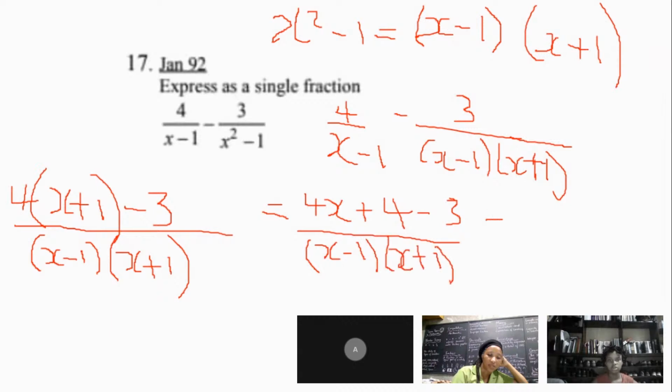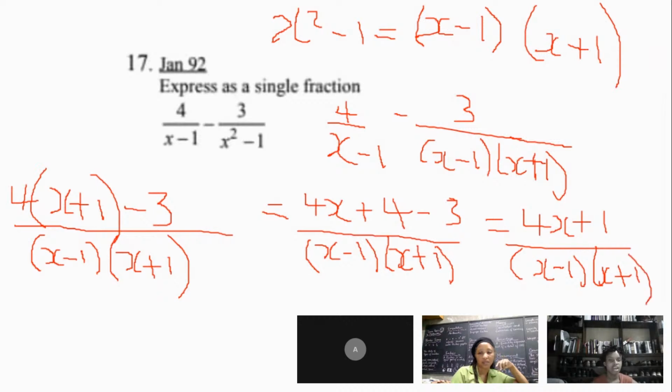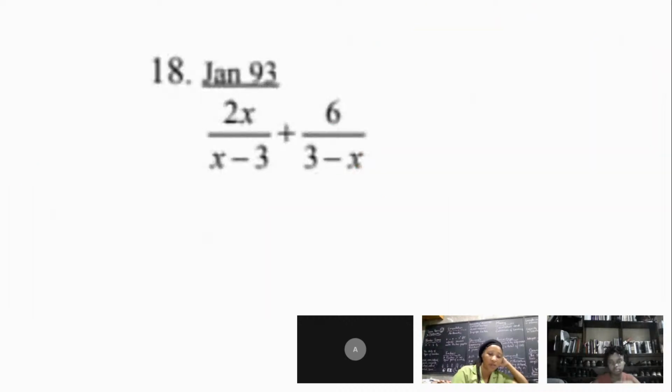And this gives what? 4x plus 1 over x minus 1, x plus 1. Okay. Thank you, Asar.